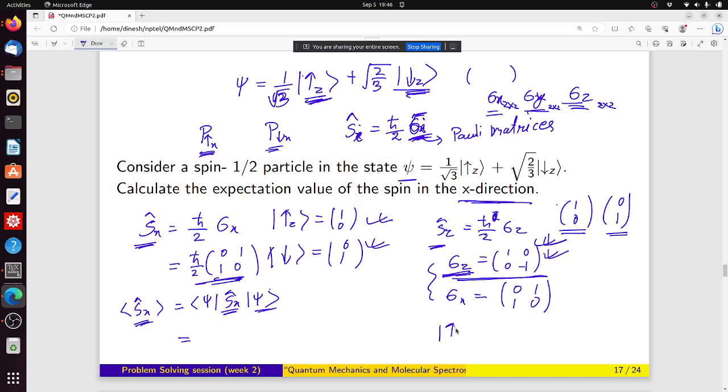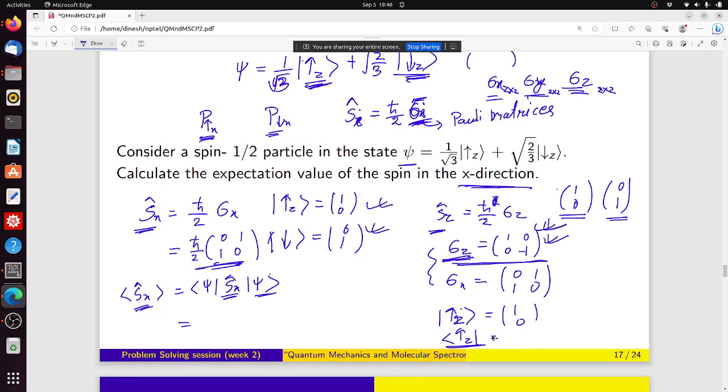If my ket vector is 1 0, what will be my bra vector? What will be the form of this? It will be a row matrix, yes, a row matrix 1 0. This is a column matrix, and then the bra vector will be a row matrix, right?